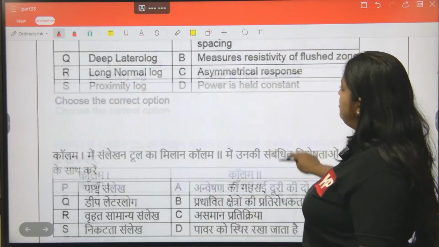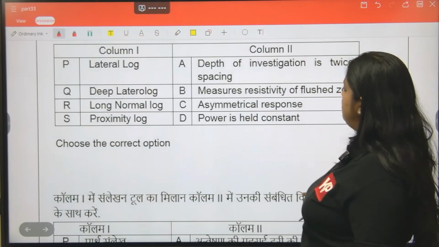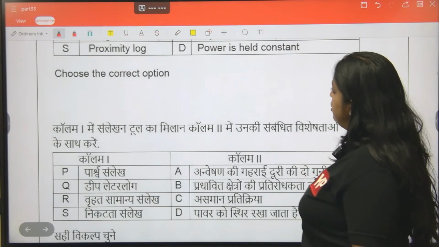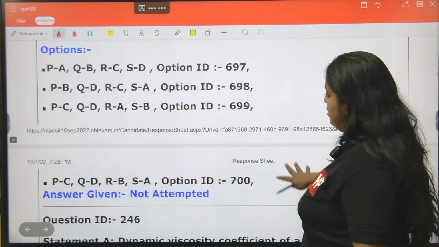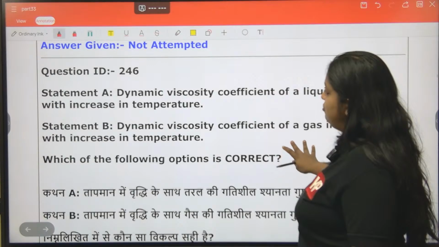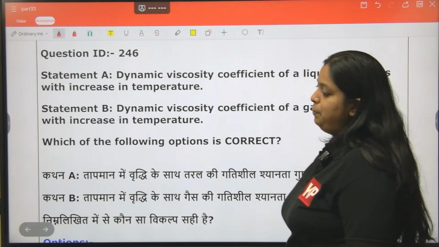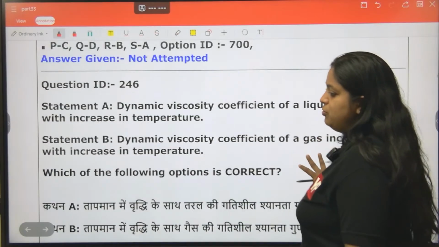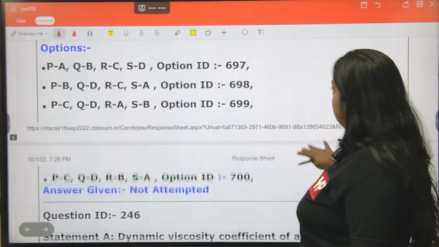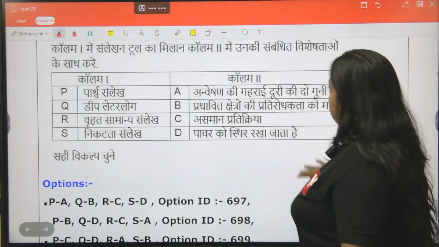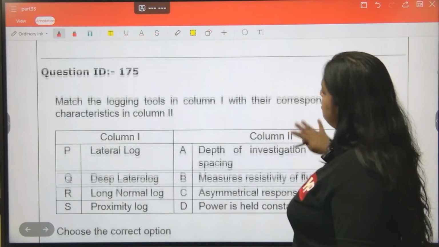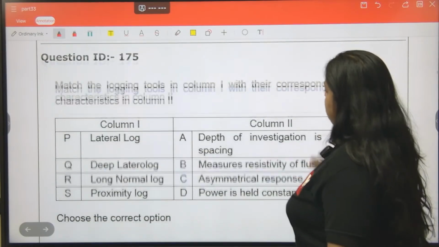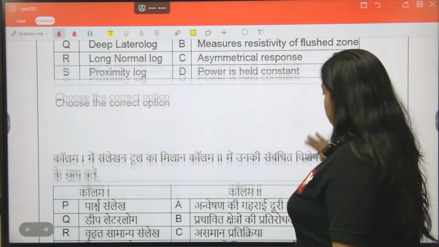This is a very easy and direct question. This is associated with the geophysics part. Though I am not explaining geophysics over here, I am going further ahead. If you want, I will discuss it later. Let's go further.